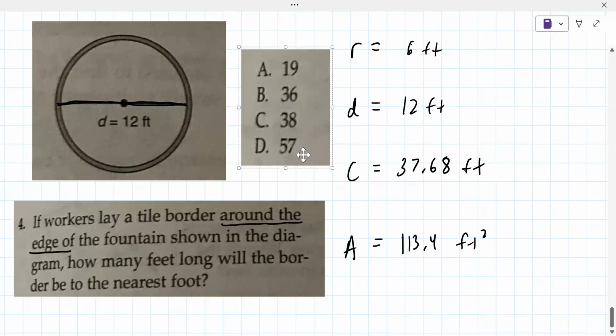No, that says 57, not 37. C. Yeah. So this one is the answer. I notice it's the only one, like there's no 113, there's no 6, there's no 12, but there could be. I would actually put all those answers in there, just to see if you understand, because really the question is about understanding the meaning of around the edge. What is around the edge?